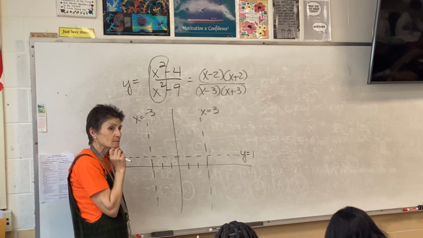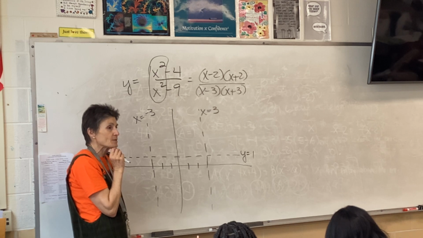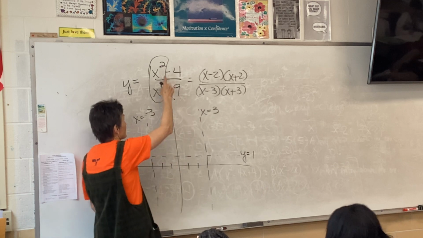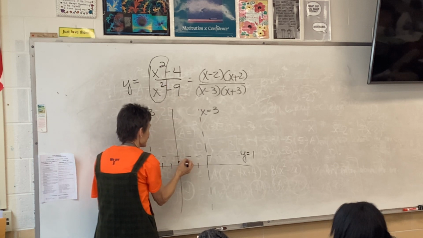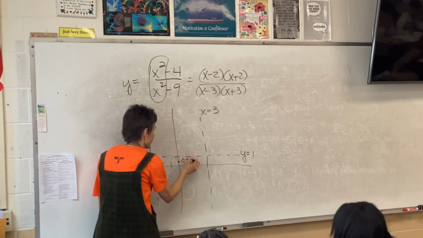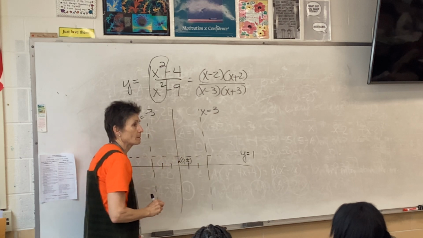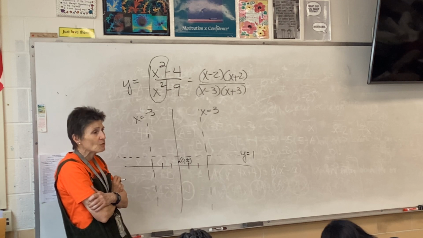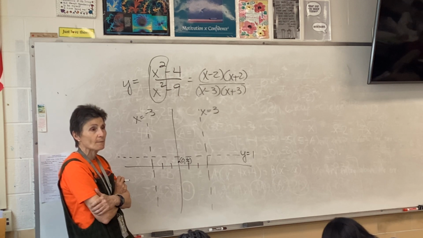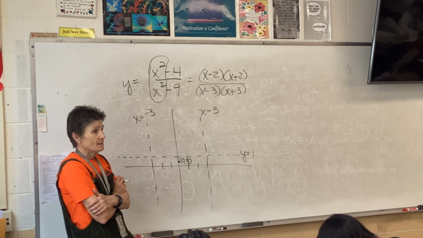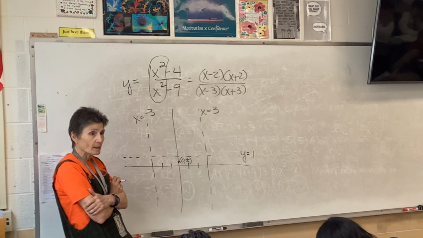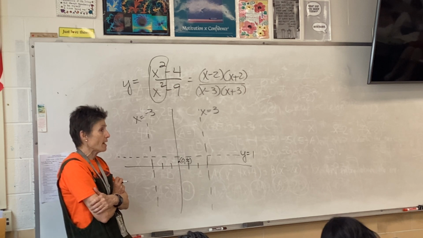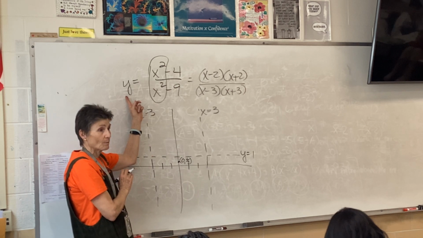Well, y-intercept? How do we get a y-intercept? We let x be 0. And if you let x be 0, isn't your y-intercept gonna be 4/9? No matter what you're graphing, if you want the y-intercept, you're gonna let x be 0. That's how you do it. Now, the x-intercepts are what makes y 0.